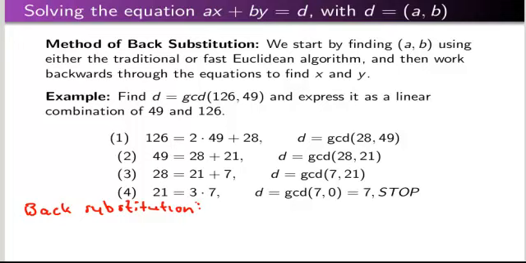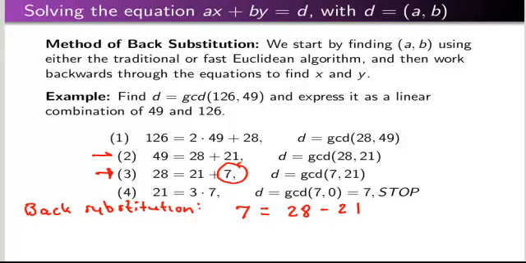So this is where I want to locate the GCD, which is right here at 7, and express it as a combination of 126 and 49. And so I start with equation 3, where I have 7 is 28 minus 21, and then I keep substituting in by working my way back.